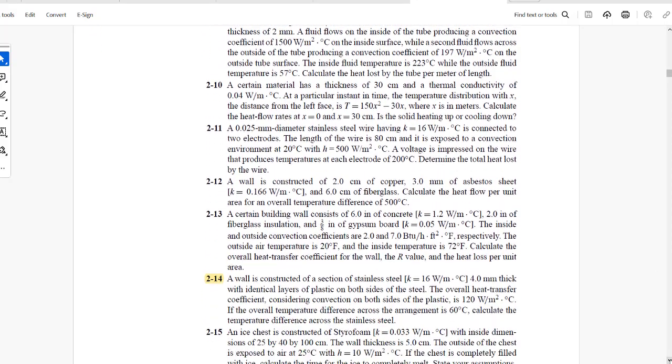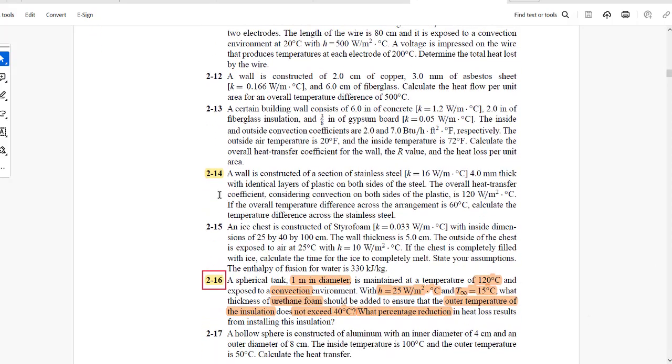In problem number 14 in chapter 2, a wall is constructed of a section of stainless steel with K equals 16 watt per meter per degree Celsius, 4 millimeters thick, with identical layers of plastic on both sides of the steel.